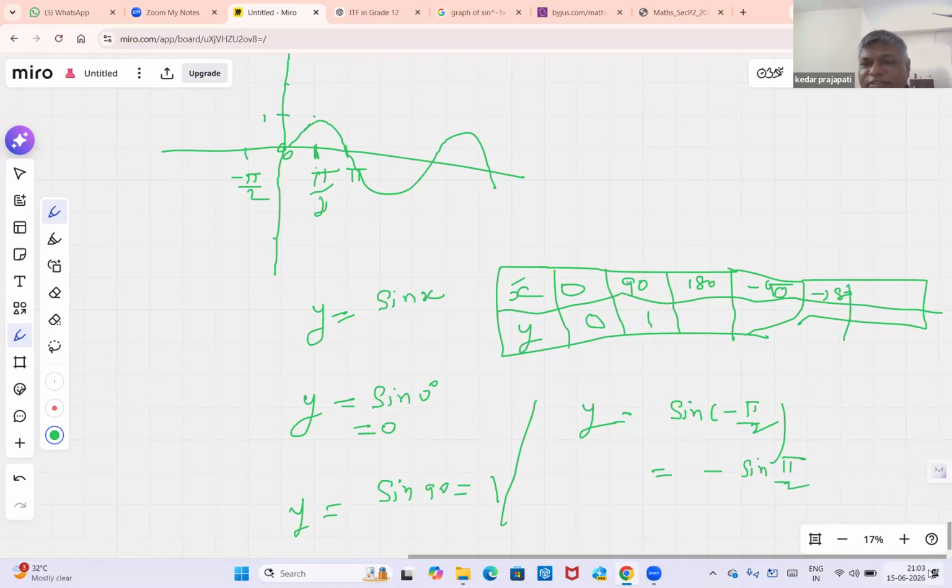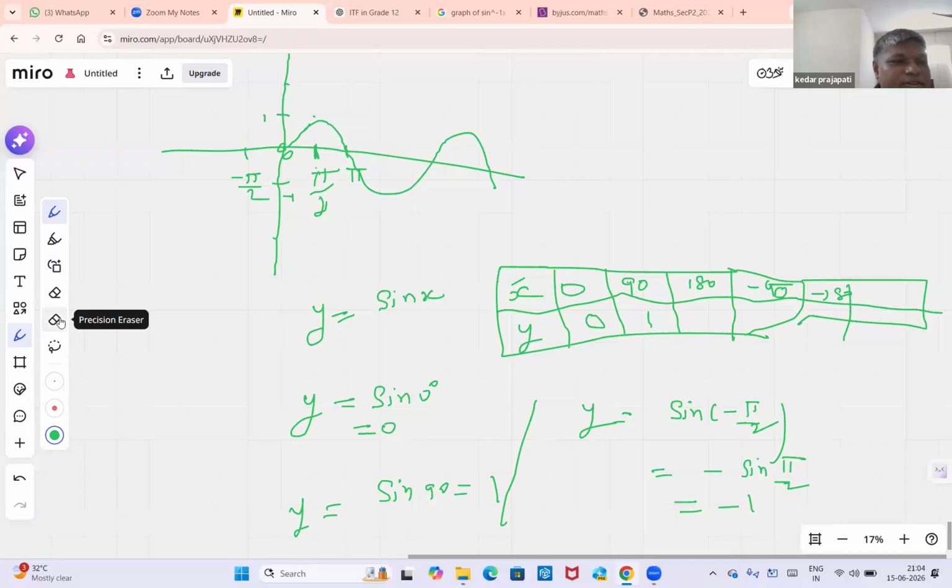Sine minus theta is minus sine theta. It means this will go to minus 1. So where will be minus 1 here? Minus 1 is here, and pi by 2. So the value will come somewhere here.